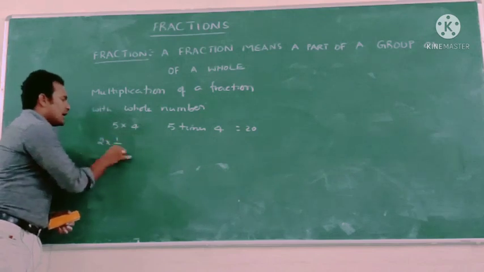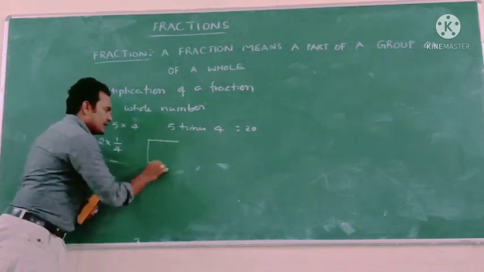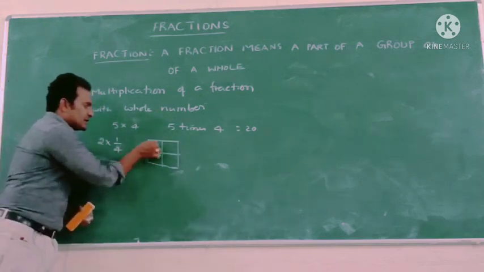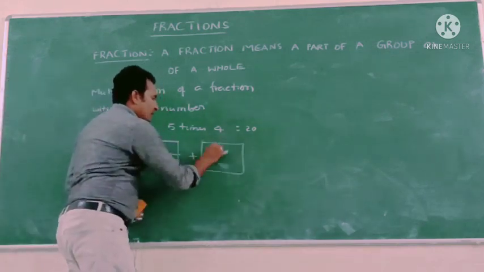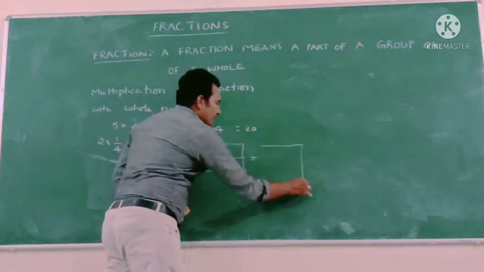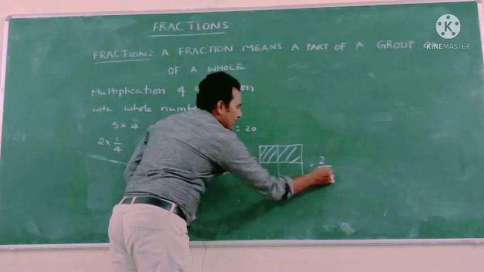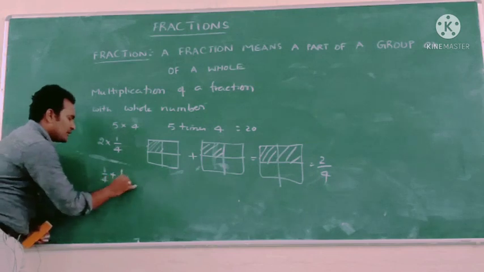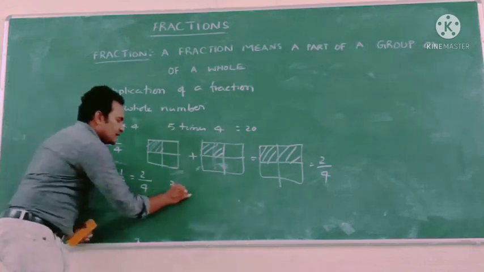I would like to explain 2 into 1 by 4 in a diagrammatic way. Let us take a box, divide it into 4 parts. This part is 1 by 4th part, and again this part is 1 by 4th part. If we add those two, we will get 2 by 4th part. That is, 2 into 1 by 4 is 1 by 4 plus 1 by 4, 2 by 4.